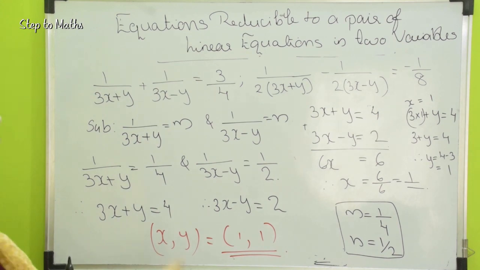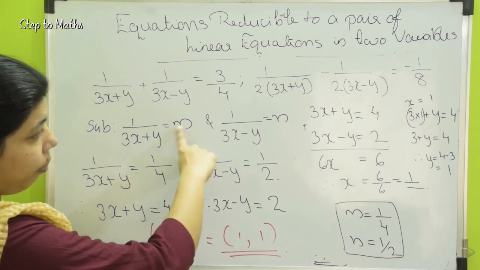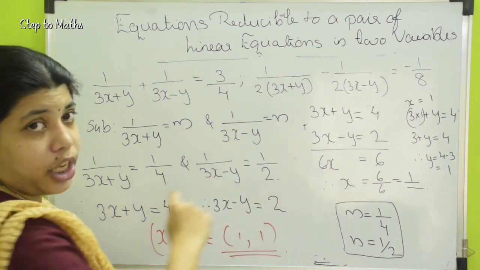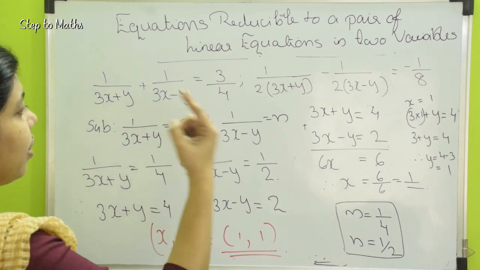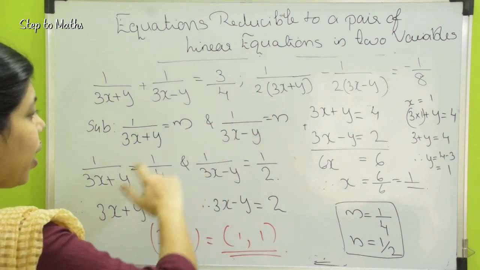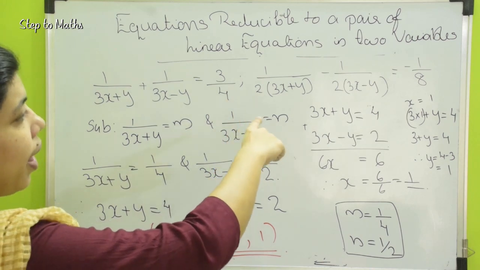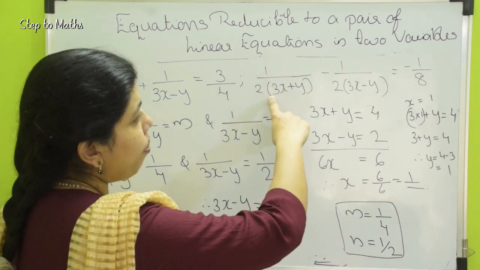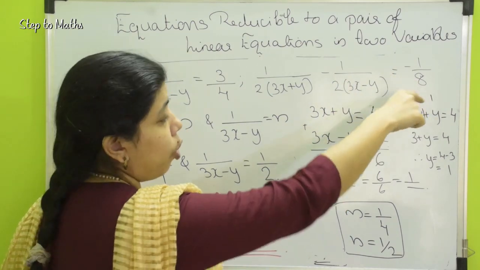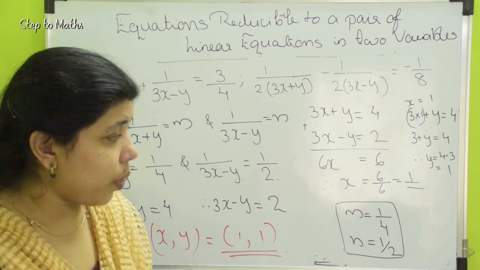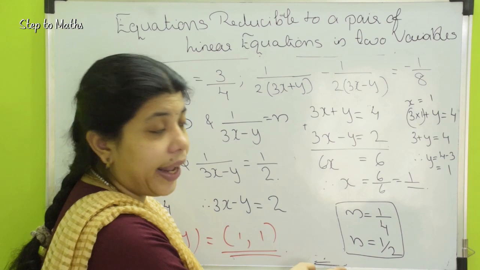Here 1 upon 3x plus y equal to m and 1 upon 3x minus y is equal to n. That is the substitution we made, and then these equations are rearranged as m plus n is equal to 3 upon 4 and m upon 2 minus n upon 2 is equal to minus 1 upon 8. We get two equations. Solving those two equations, we get the values of m and n.